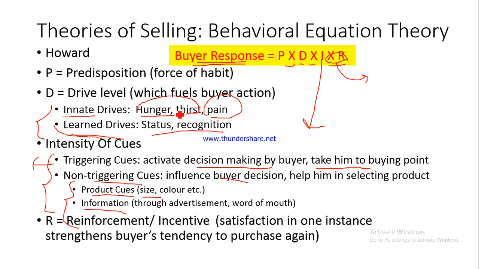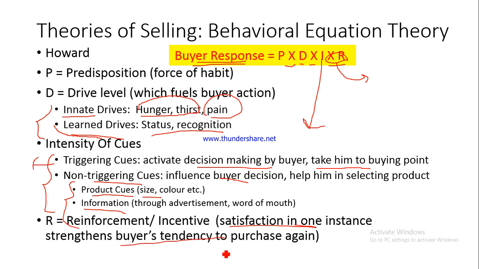Now let's talk about the reinforcement, R. Again, reinforcement is what has happened with you when you bought that particular product in the last instance, last time when you bought it. What happened? Were you happy? Were you satisfied? And were you dissatisfied? Right? And if you are satisfied in the last instance, when you bought the product last, then you are more likely to buy it again.